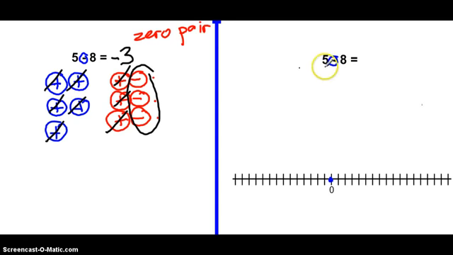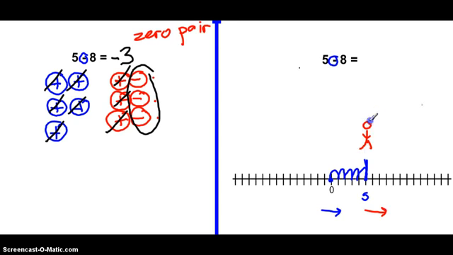Alright, so we're first going to go to positive 5. So we're going to look toward the positive direction and go 5. 1, 2, 3, 4, 5. Alright, now we're on positive 5. Now, the next number is a positive 8. So what we're going to do is we're still looking forward. Okay, so if we had a guy, he would still be looking forward like this.